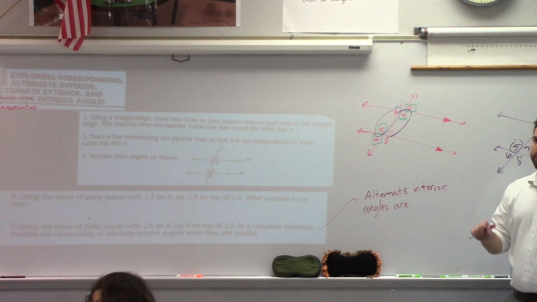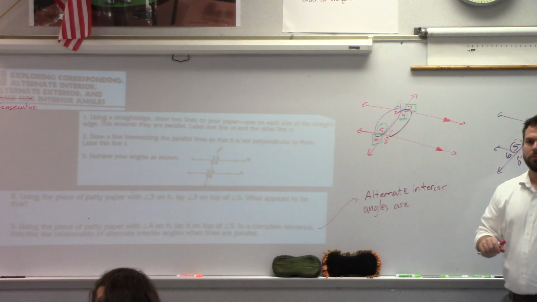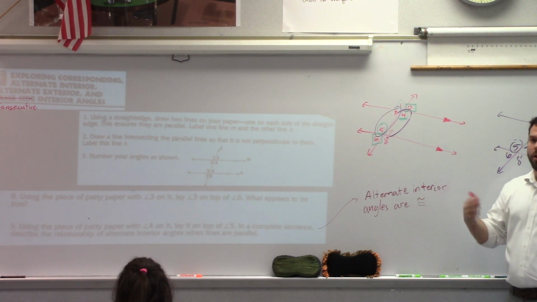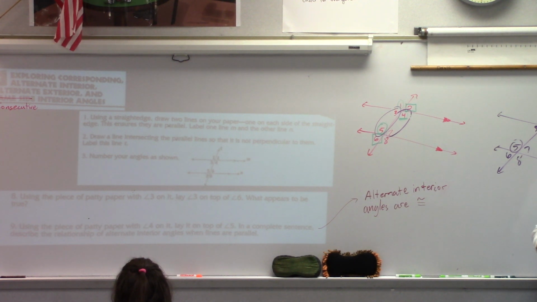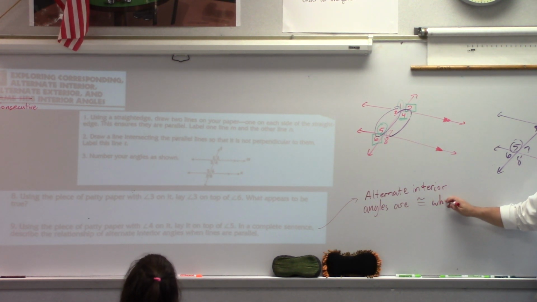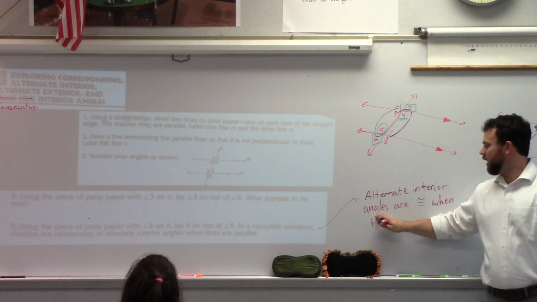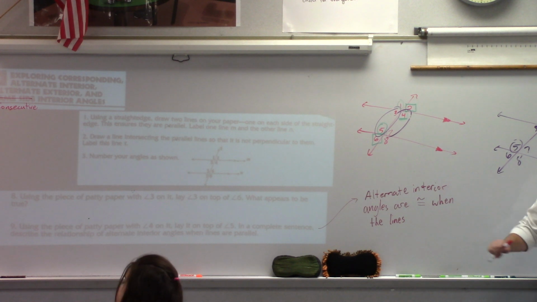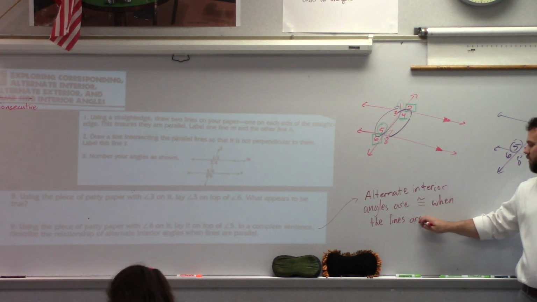Hey, what's the congruent symbol? So if you write that, I'll know that you mean congruent. That's a little bit of a shorthand thing that you can do. Alternate interior angles are congruent when the lines are what? Hey, what's the symbol I could use for parallel?